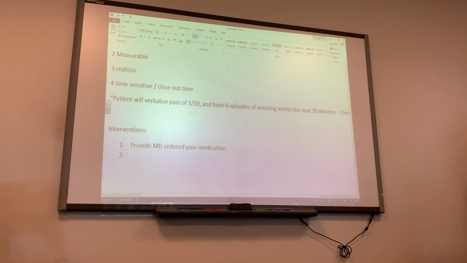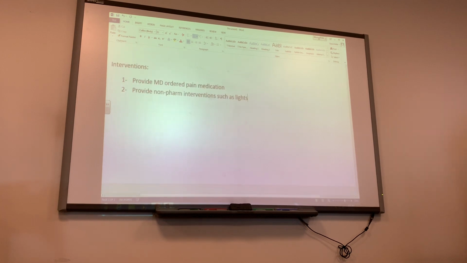Number 2, how else can we provide pain relief without providing meds? Remember we've talked about non-pharmacological interventions. What are they? Turning down the lights. Such as, okay, I'm just gonna paraphrase here.